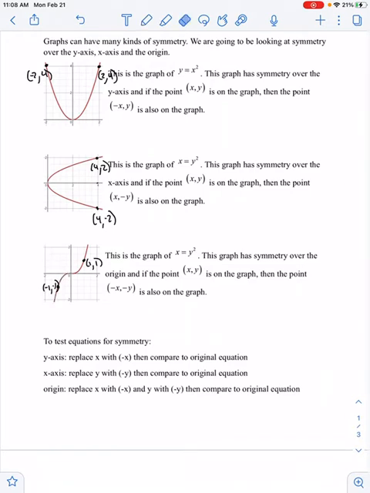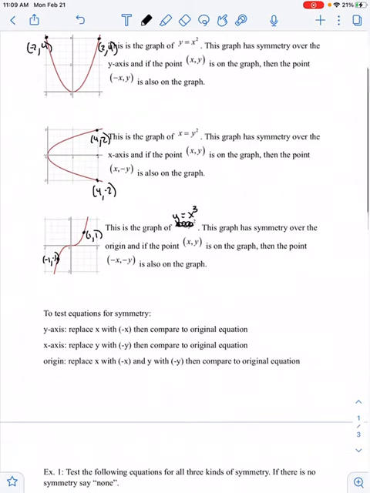Another way to look at origin is if you flip this upside down, it would look the same. So turn your paper upside down, and the graph still looks like the original. This is the wrong equation. This should be y equals x cubed.